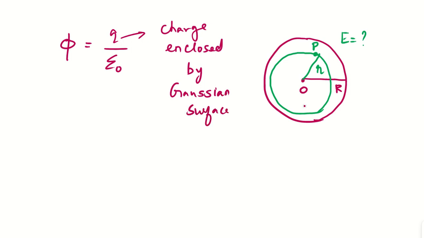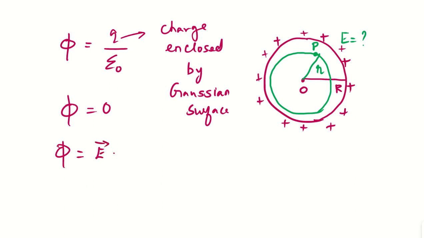The charge is everywhere outside the Gaussian surface. So inside the Gaussian surface, there is no charge. So phi equals 0, which means phi equals E dot A equals 0. So the electric field inside the spherical shell is 0.